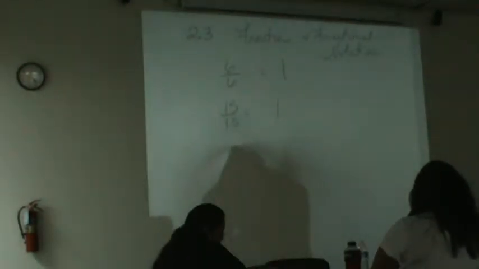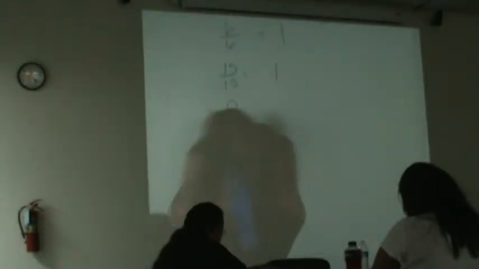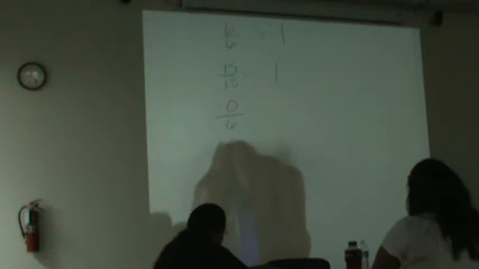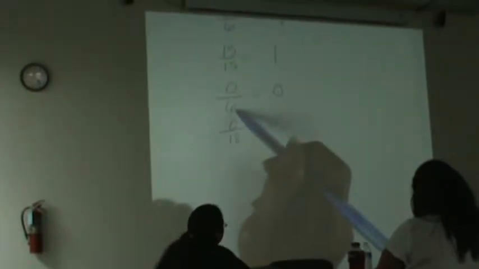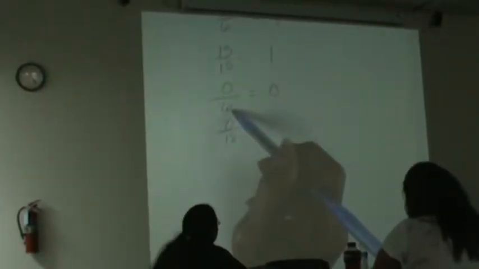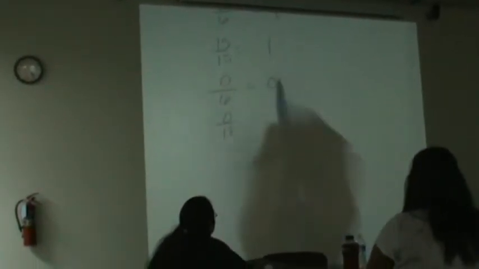Anything with 0 over any number, it could be 0 over 6, 0 over 18, 0 over 10,000, is 0. That means 0 out of 6. Like if there were 6 pieces of pizza, you got 0 out of the 6 pieces, okay?